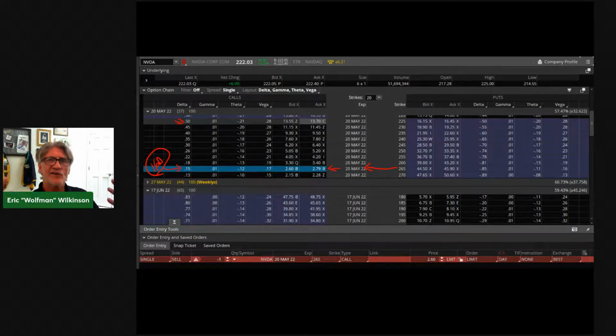Like if I said, go out and buy a 16 Delta call, it's a limited risk strategy that you can make a ton of money on, but you only have about a 16% probability of success. Are you going to put thousands of dollars on a 16% probability of success? That's like going out and betting at the racetrack on the worst horse in the field every single time. You're buying it.